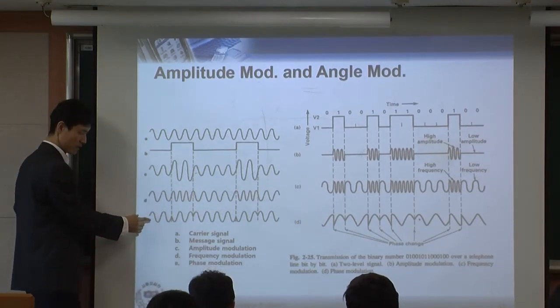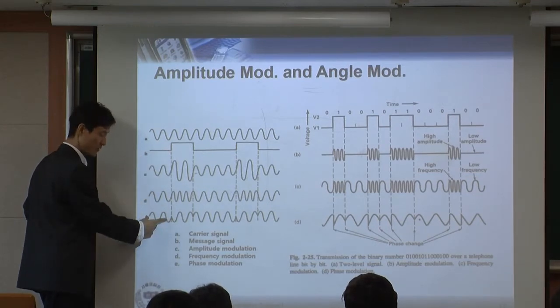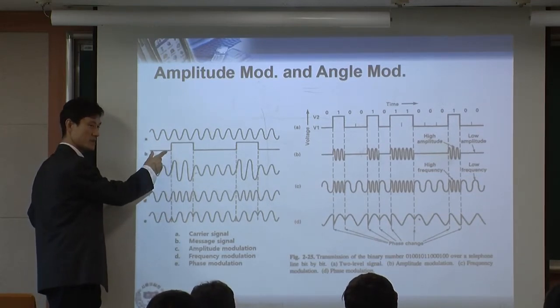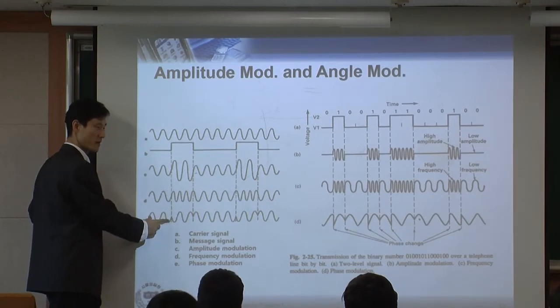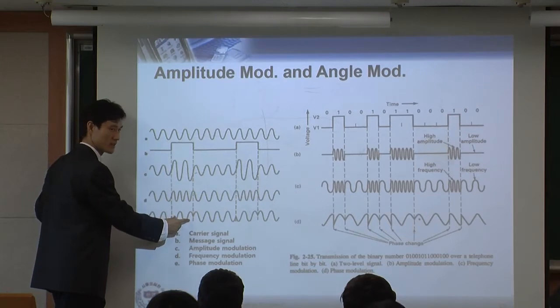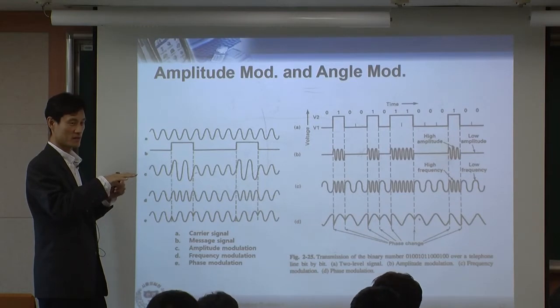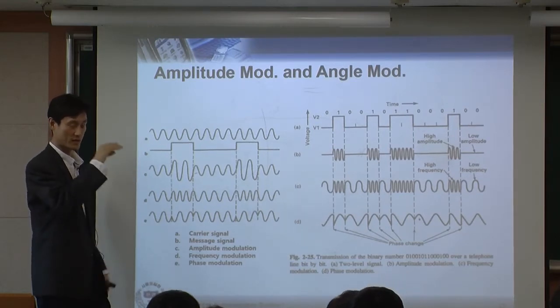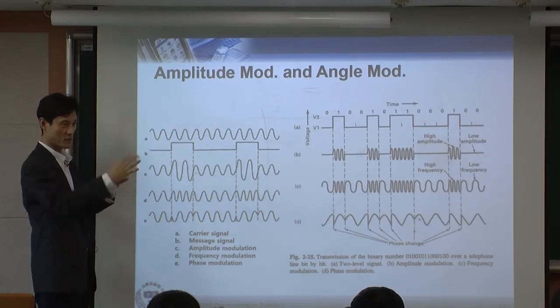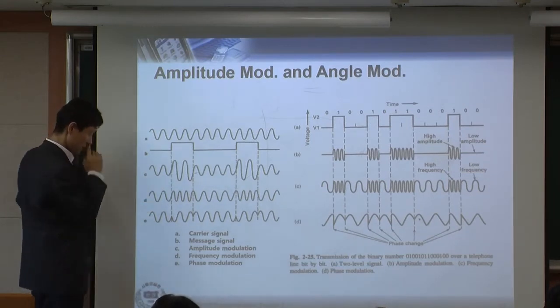In phase modulation, whenever you have an original message 0, the phase is 0. And when you have a message 1, the phase is 180 degrees. When you add a phase of 180 degrees, what does that mean? Cosine becomes minus cosine. It's like a phase rotation, like a sign change: plus becomes minus, minus becomes plus. So that's what you see here.